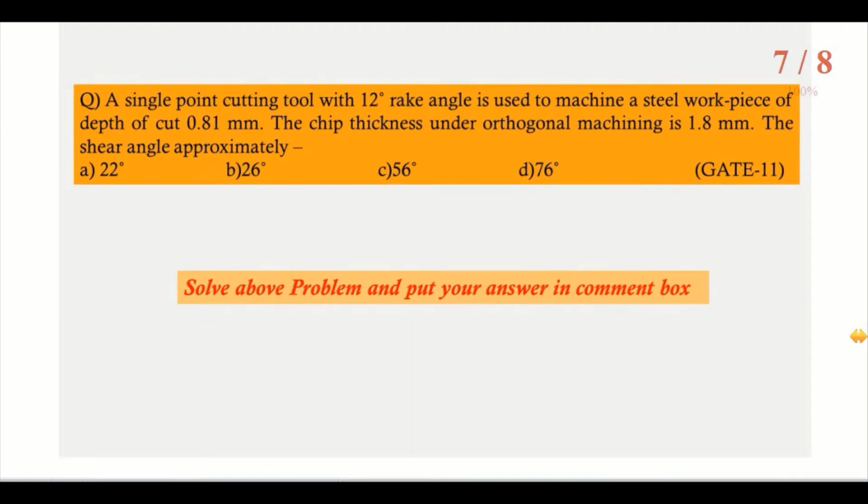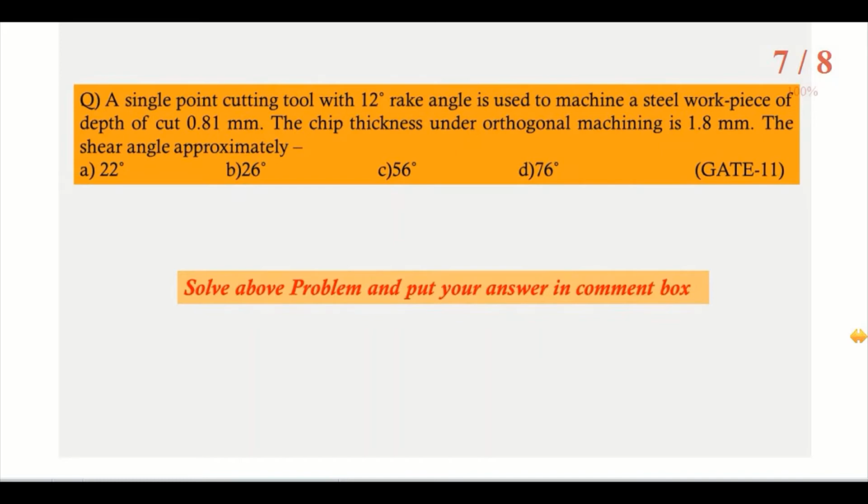Now this is for your assignment. Solve this problem and put your answers in the comment box. What is the problem? A single point cutting tool with 12 degree rake angle is used to machine a steel workpiece of depth of cut 0.81 mm. Chip thickness under orthogonal machining is 1.8 mm.